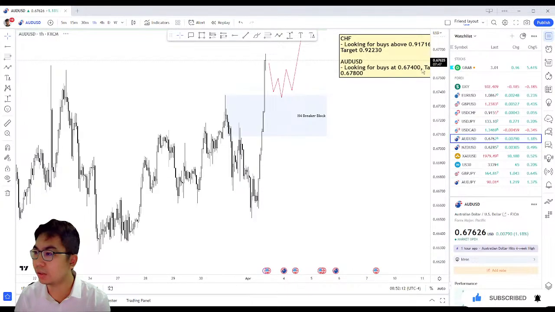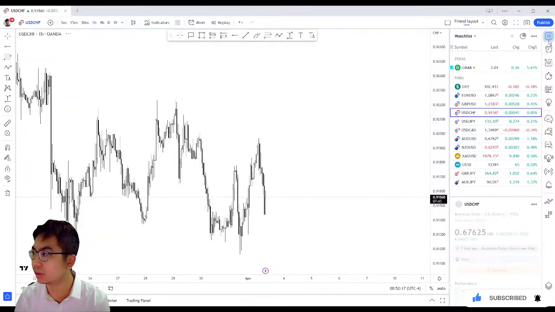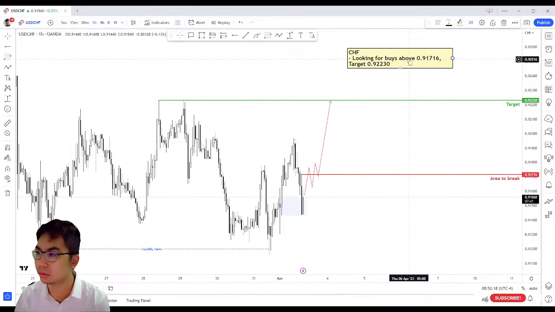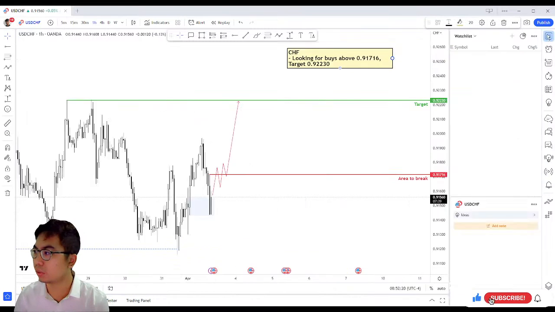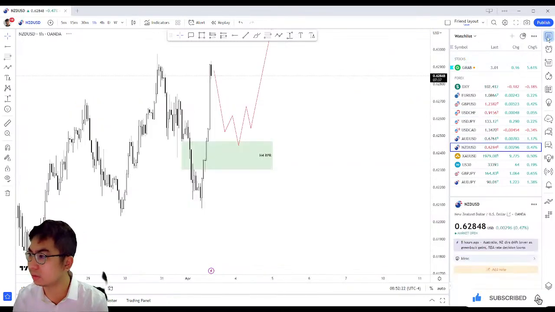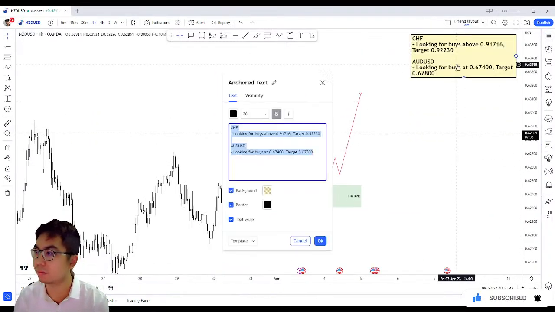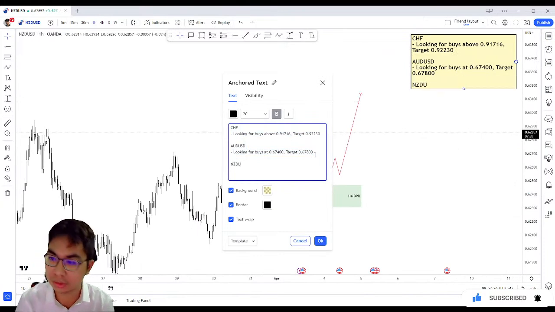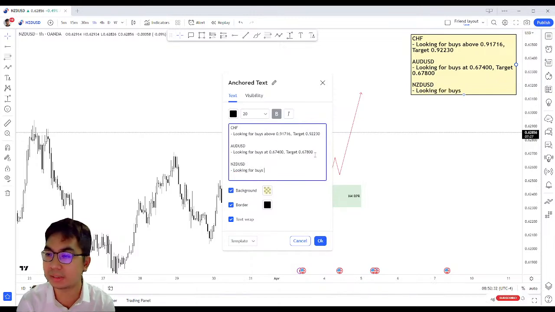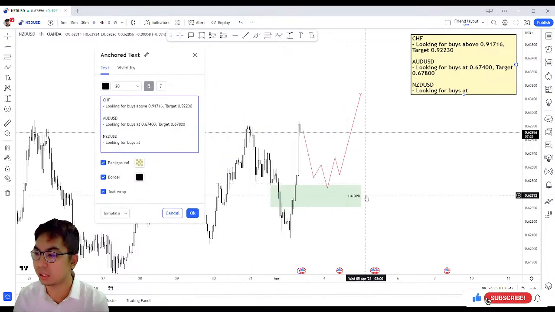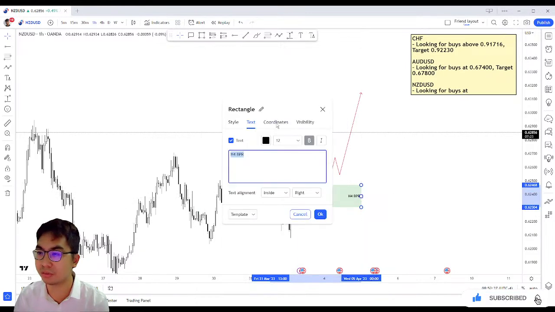So before I do that, let me copy this text over. Okay, where was I? I was at NZD USD. NZD USD looking for buys at the H4 balance price range.